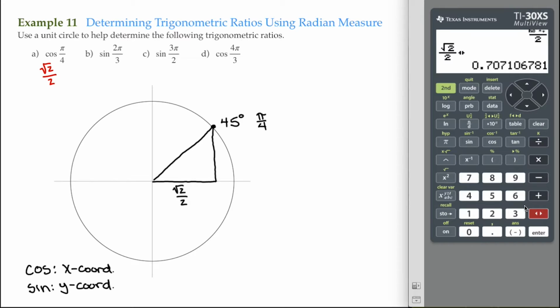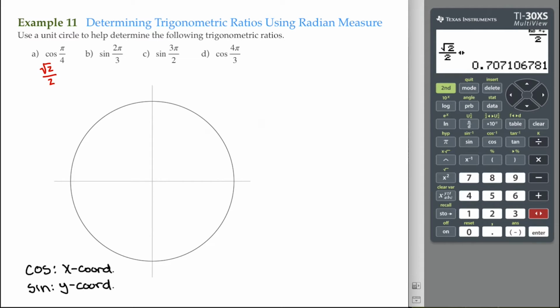So let's try B. Here we have the sine of 2 pi over 3. Remembering that pi over 3, that's 60 degrees as a degree measure. So then 2 pi over 3, that's 120 degrees.